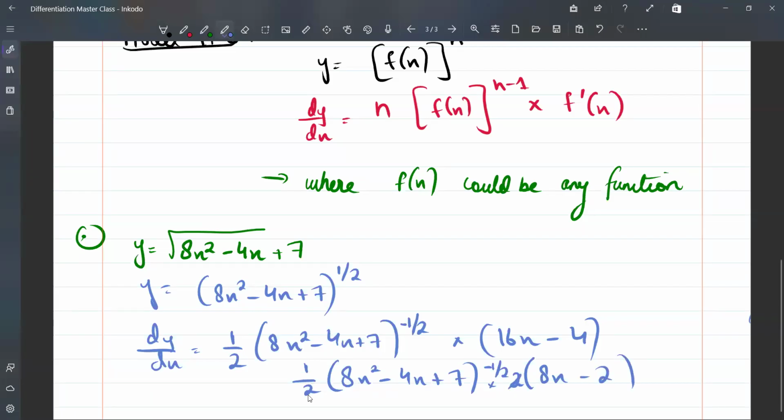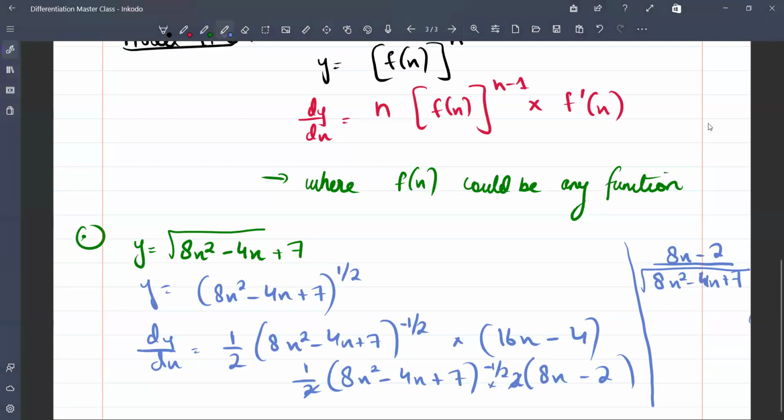So that this and this cancel out, and this can simply be written as 8x minus 2 upon, this would go into the denominator, which is 8x squared minus 4x plus 7, and under root, because this is minus 1 upon 2, which is under root. Even if you do not take 2 out, it would be completely fine. But I just did it for the sake of simplification.